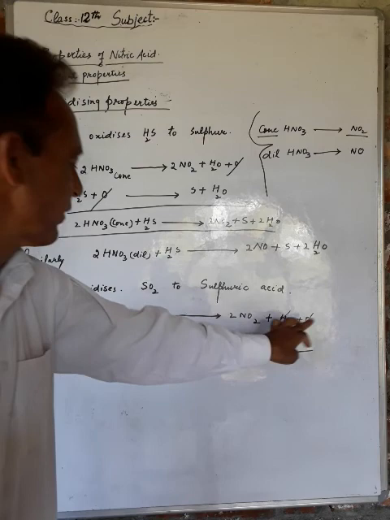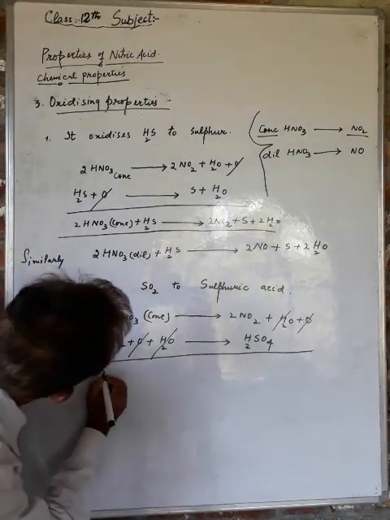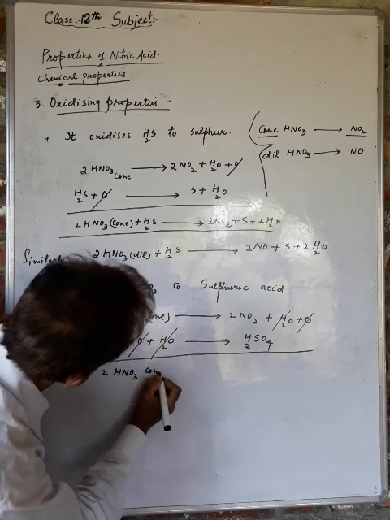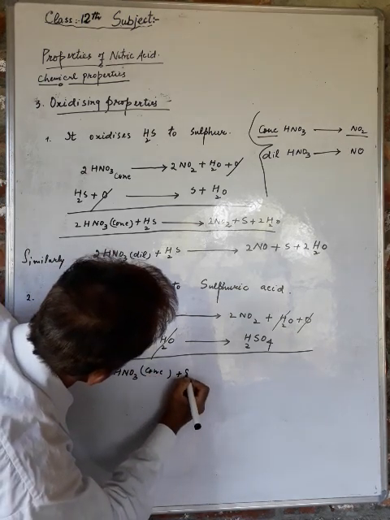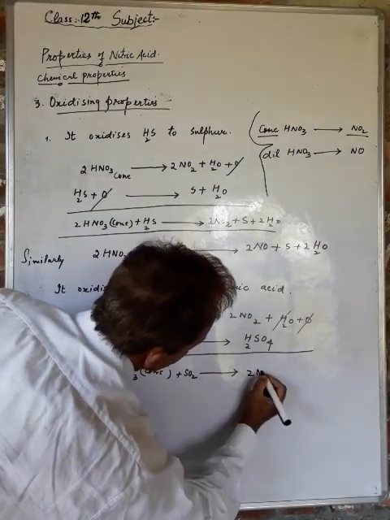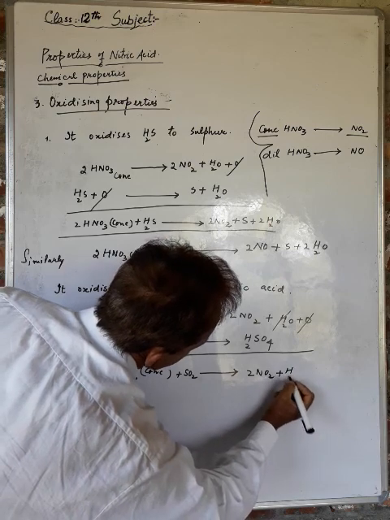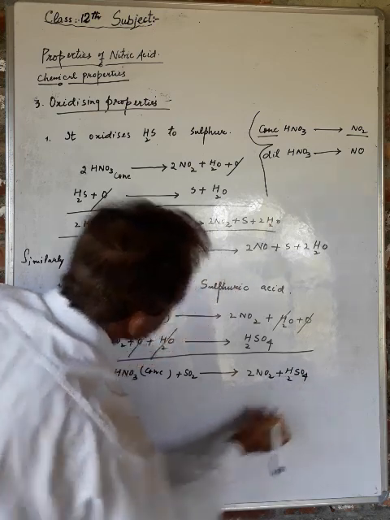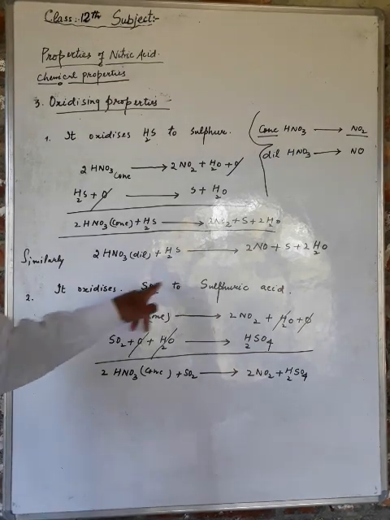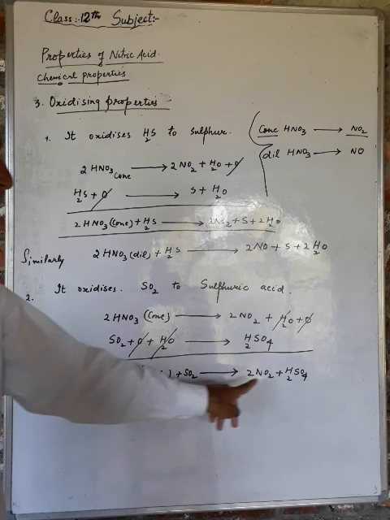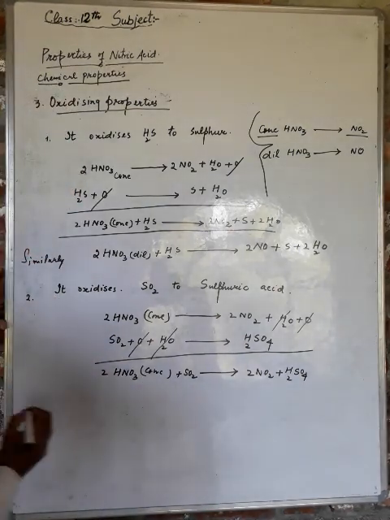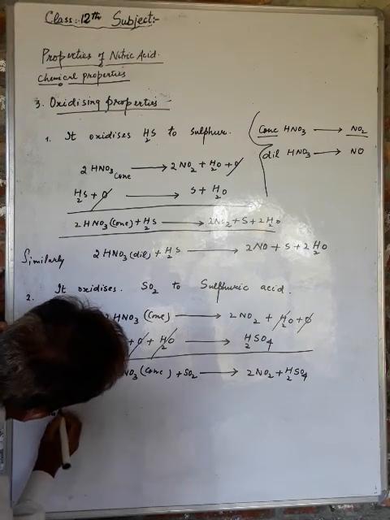Now the overall reaction is twice HNO3 concentrated plus SO2 gives twice NO2 plus H2SO4. So concentrated nitric acid oxidizes sulfur dioxide to sulfuric acid. Also the nitrogen dioxide is formed.